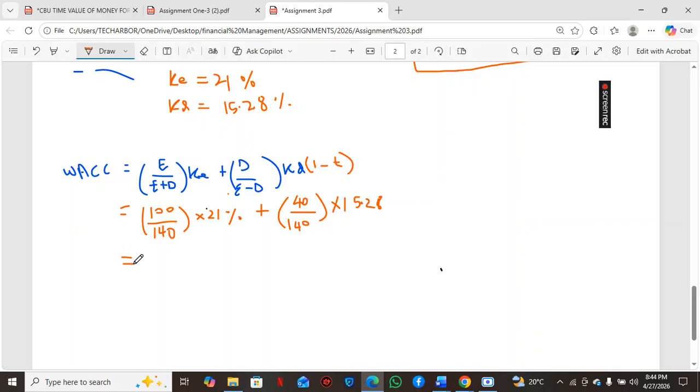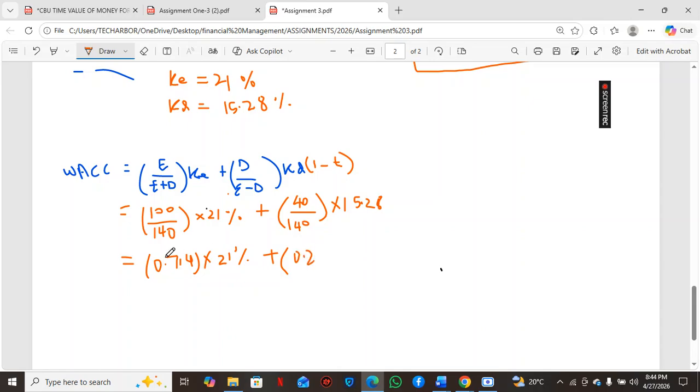So 100 divided by 140 is 0.714, times 21%. Plus 40 divided by 140 gets 0.286, times 15.28.